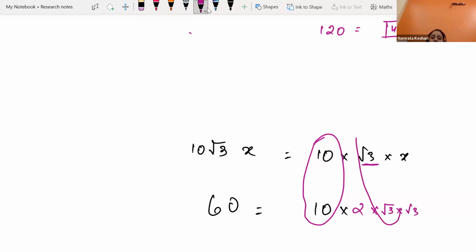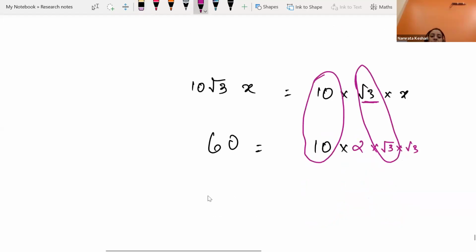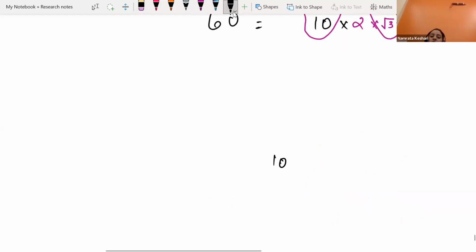What is the common factor? 10 root 3. How did we figure it out? You need to write it in rough space to understand. You must ask yourself the question that if we have written that 10 root 3 here, or maybe 2 into 5 into root 3 is there, now the other factor will also generate root 3. That is the main thing. Maybe it doesn't look like that, it will not generate root 3, but you have to think twice. 6 can be written as 2 into 3.